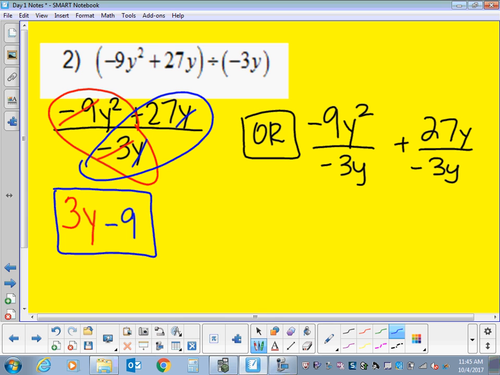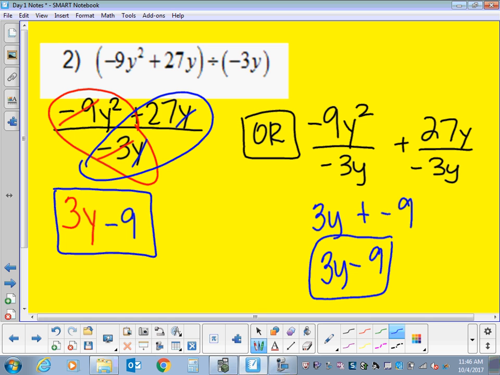If you did the other way, it would be the same thing. You would have 3y, and if you want to put a plus there, you can, but it's going to be negative 9, which is the same thing as 3y minus 9. Take the sign before it. So far, so good?